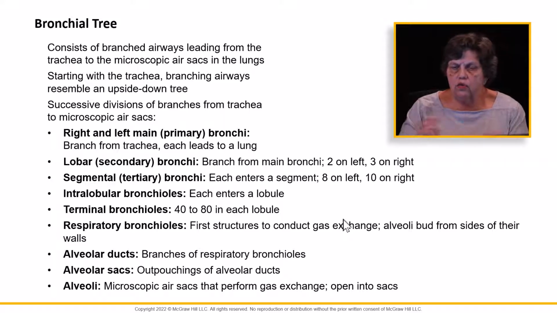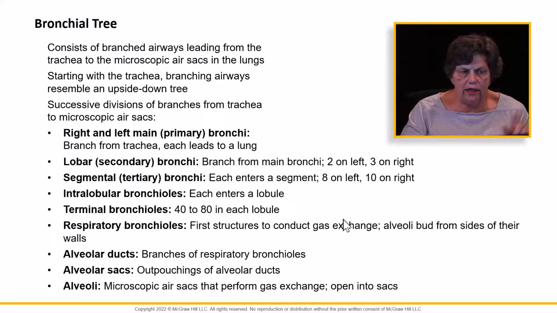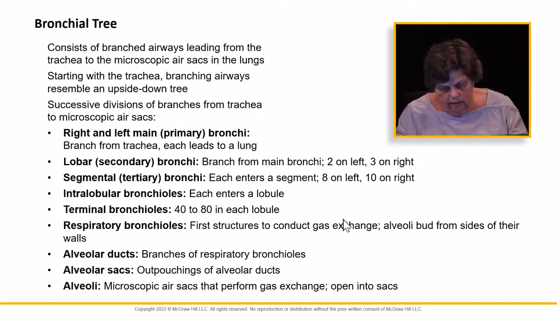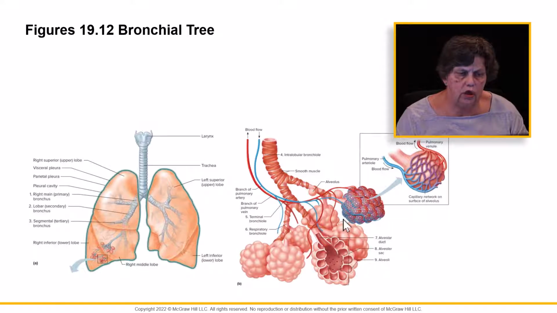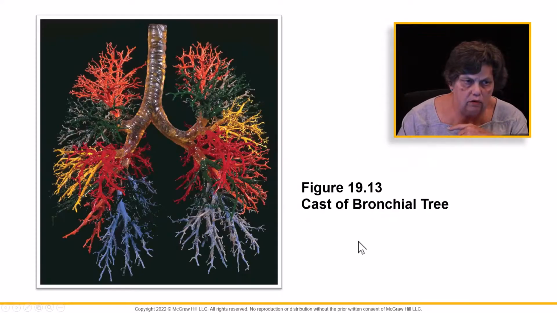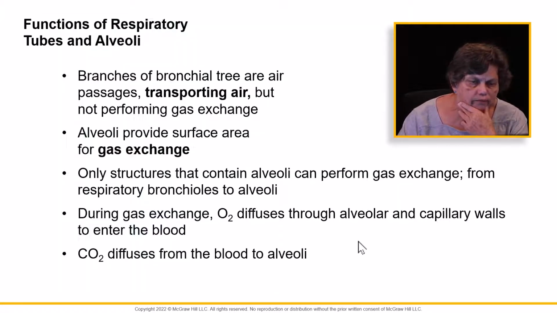This is where the gas exchange actually occurs. All we're trying to do with the tree is separate this out so that we have more airspace to exchange. You can see that coming down in, and you have this air sac, this alveolus. There is a cast of the bronchial tree that was actually made, and you can see it.